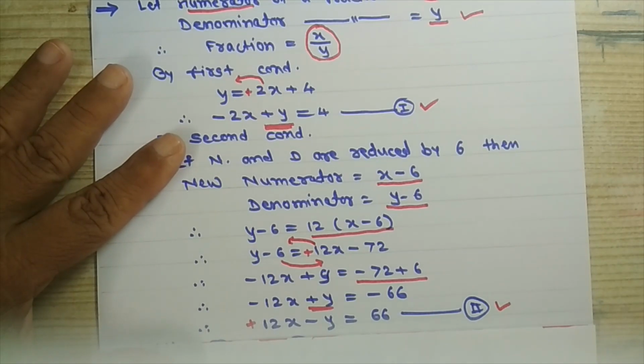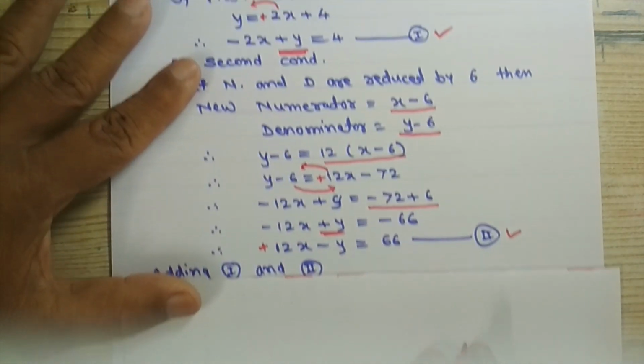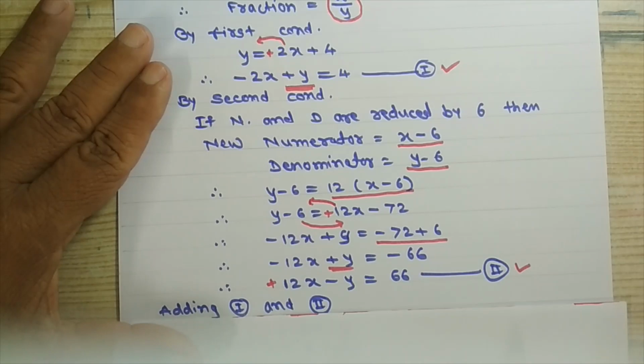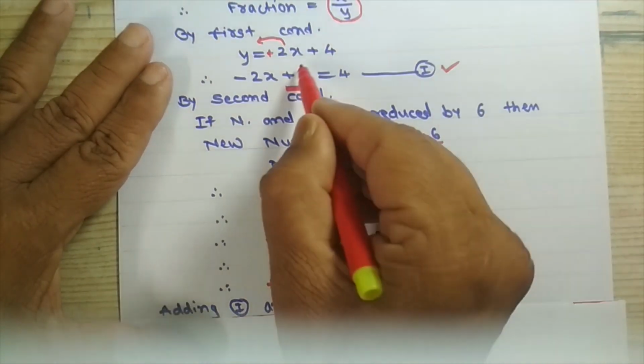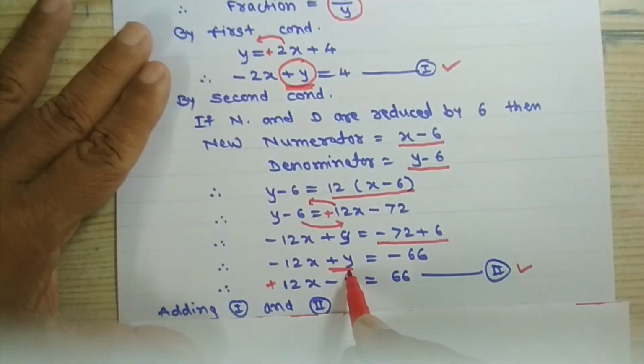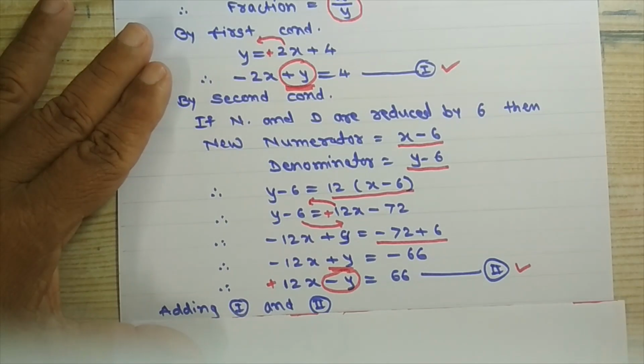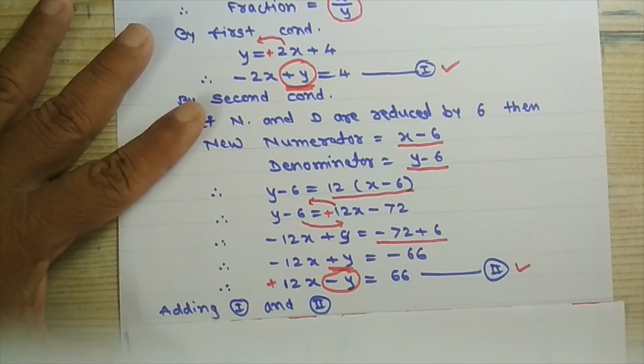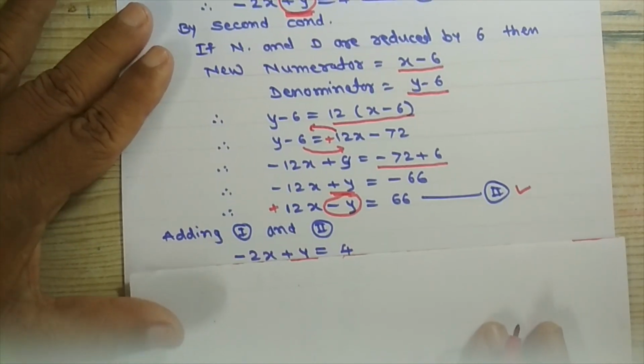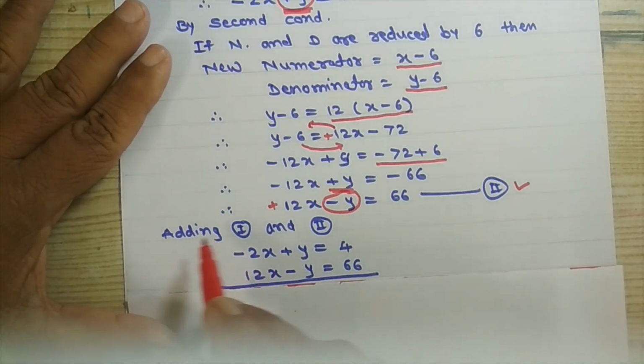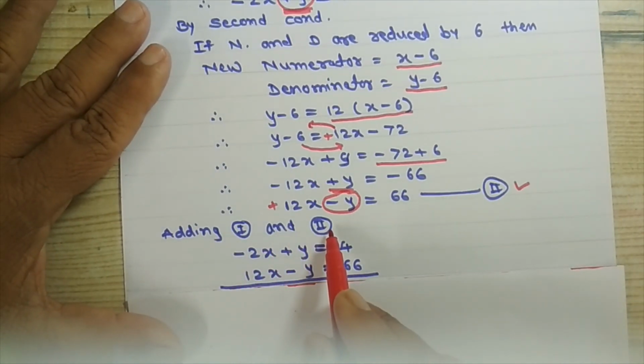We got here two equations. Now we have to see in these two equations, here plus y, here minus y, means we have to add these two equations. Yes, see here, addition, adding equations 1 and 2, we get minus 2x plus y is equal to 4, 12x minus y is equal to 66.